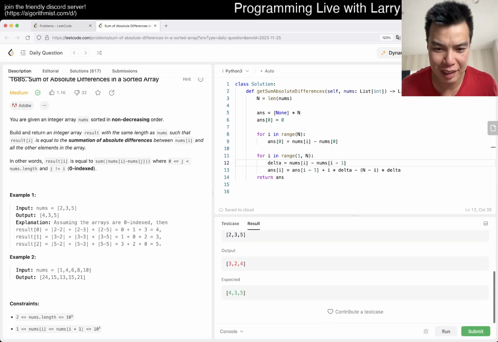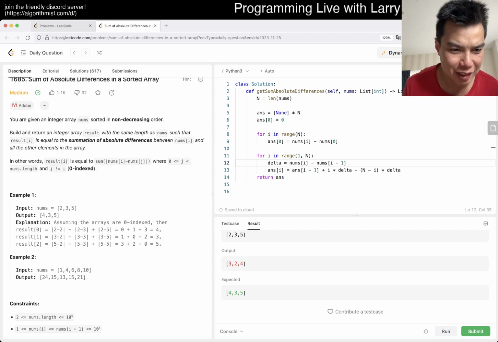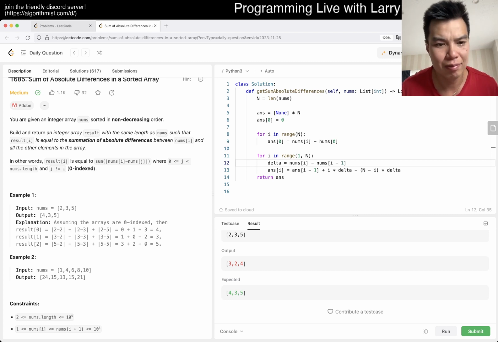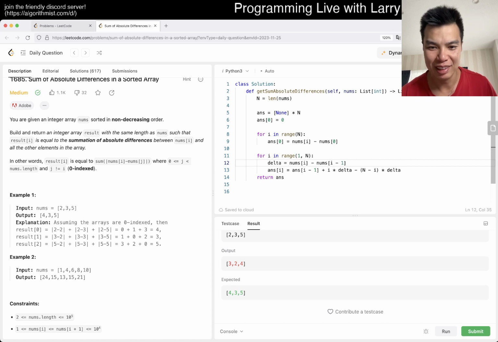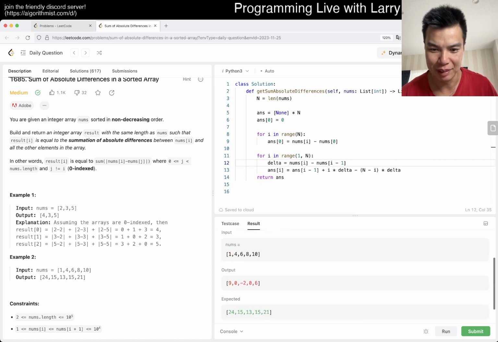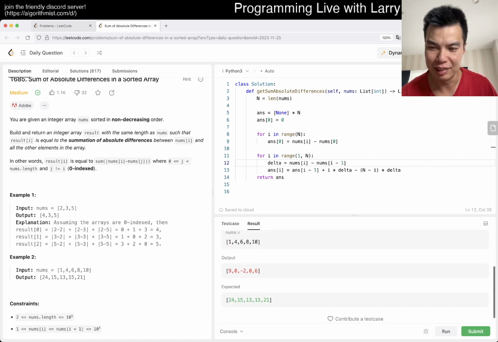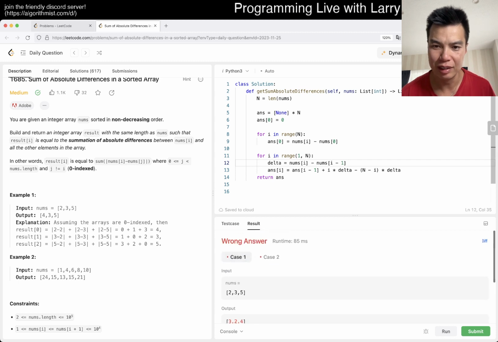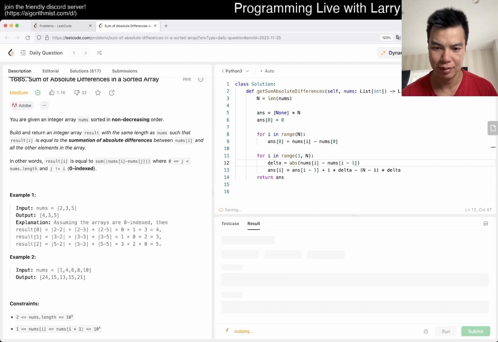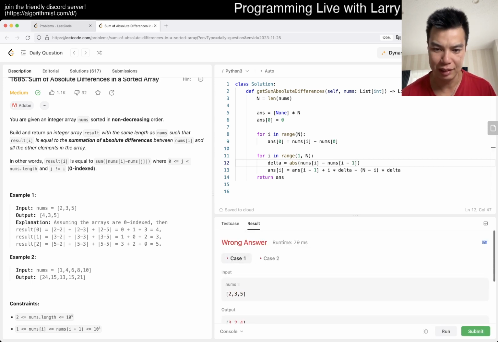Alright, why is that? I mean, we should at least get the first element right. So maybe we just have a typo somewhere. Okay. Also, negative is definitely no good. Oh, this delta has to be absolute value, but that shouldn't change the other thing.